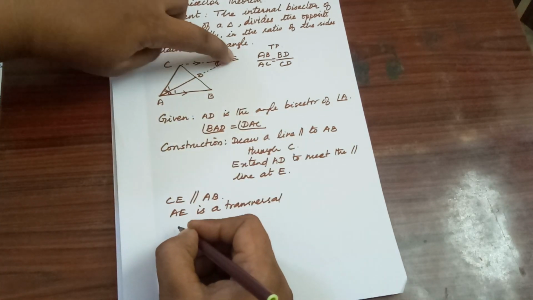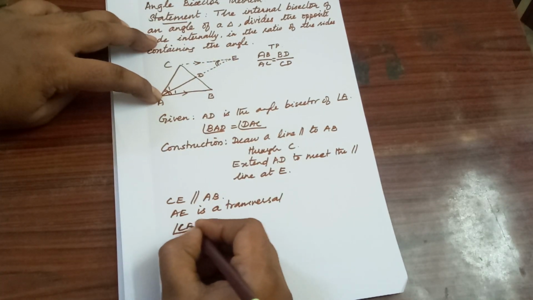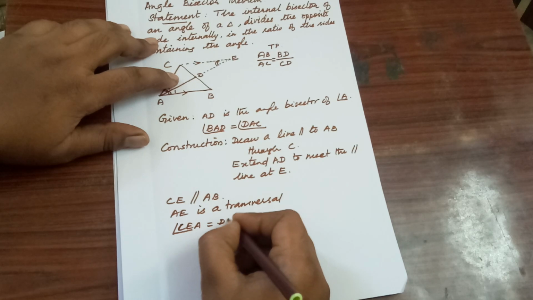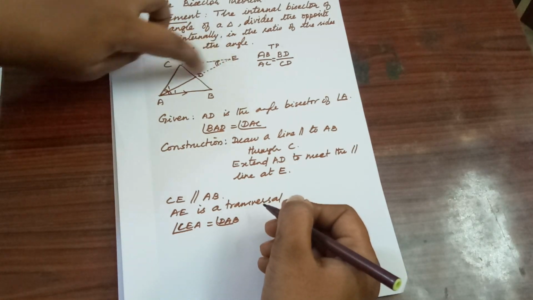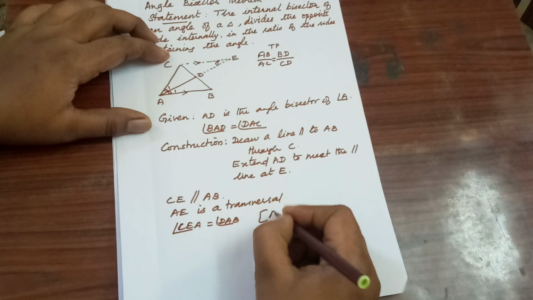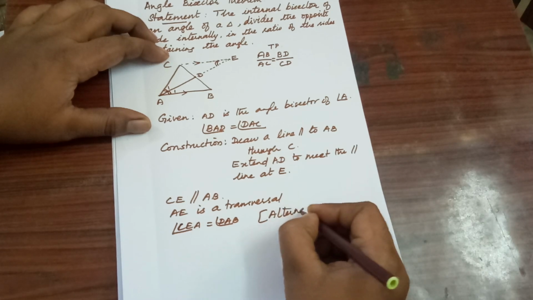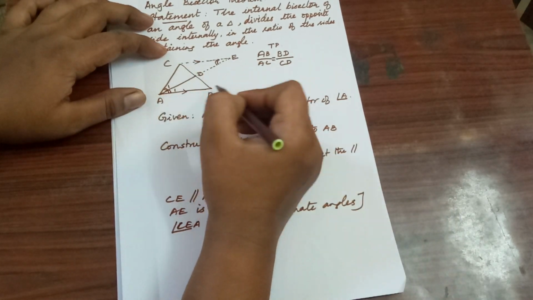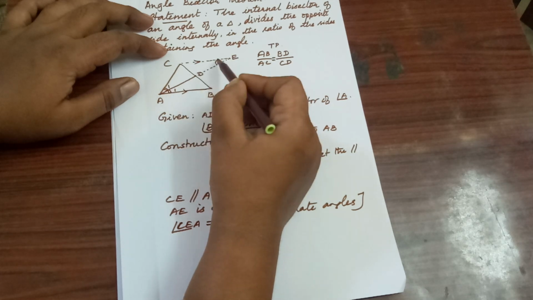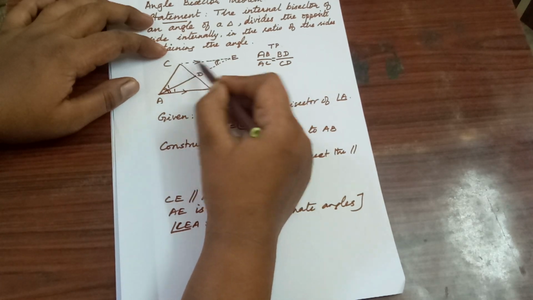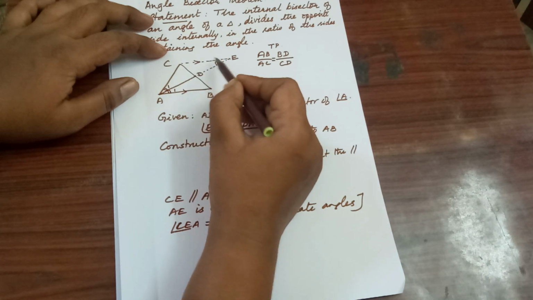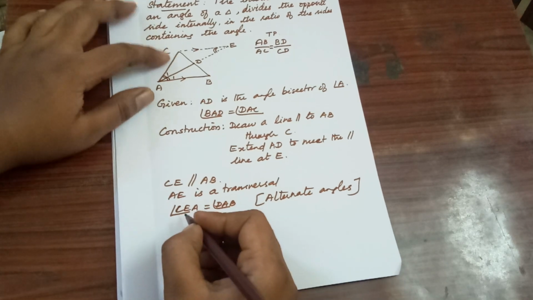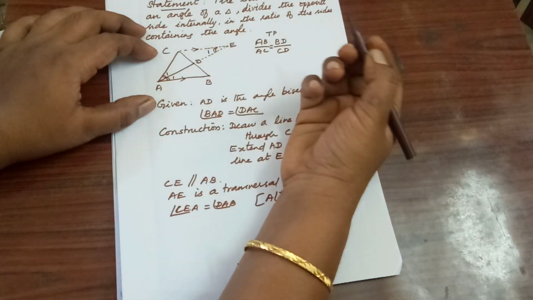That is, angle CEA and angle DAB are equal because they are alternate angles. Alternate angles mean, for two parallel lines with a transversal, it forms a letter Z. So these corner angles are alternate angles. So they are equal, and so we can name this also as 1.